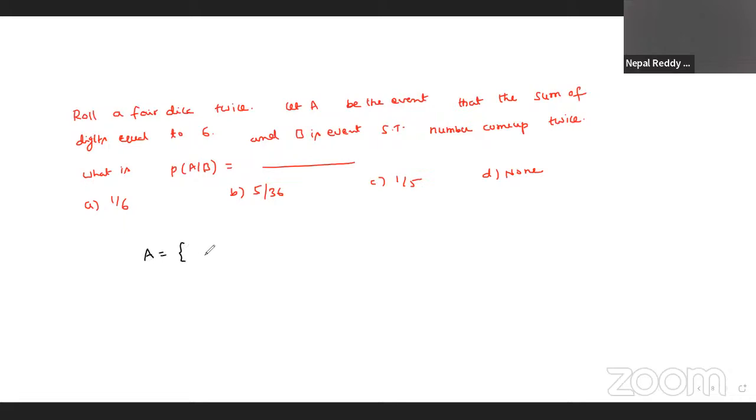Therefore, capital A is the set containing pairs (1,5), (2,4), (3,3), (4,2), (5,1). Total there are 5 possibilities. Therefore, probability of A, favorable 5. Since a fair die is rolled twice, the denominator becomes 36. So 5 by 36 is the probability of A.